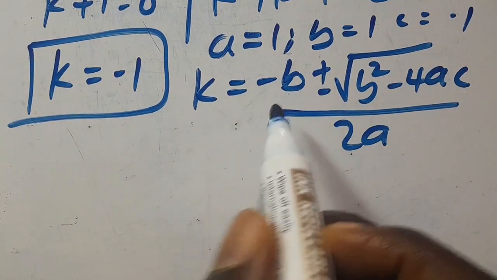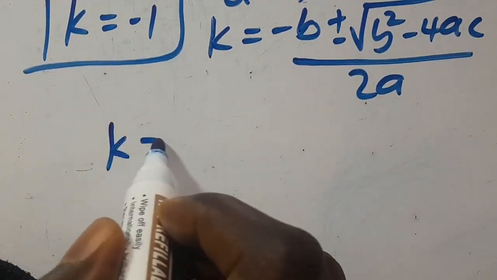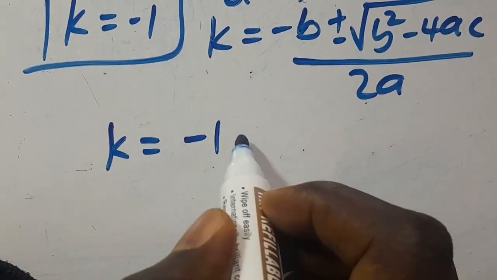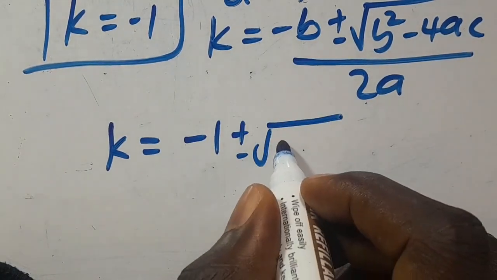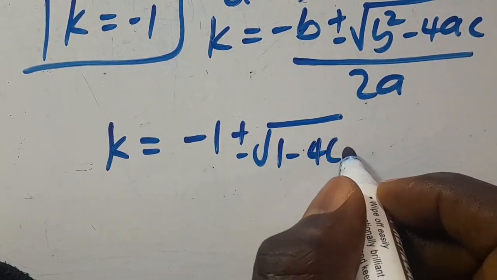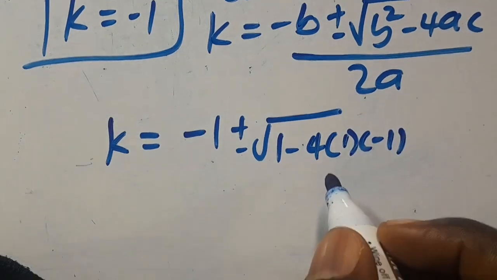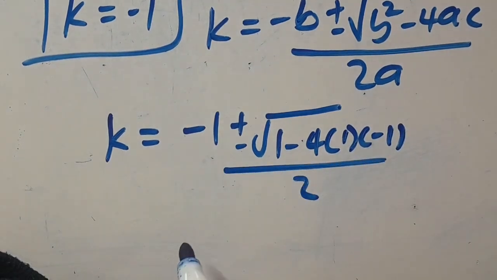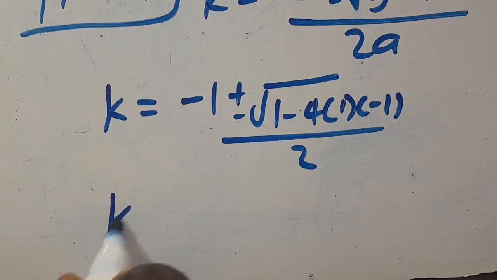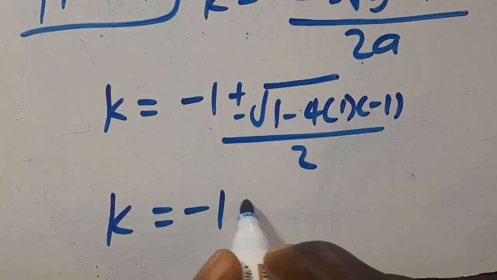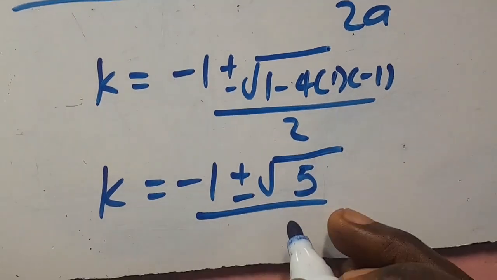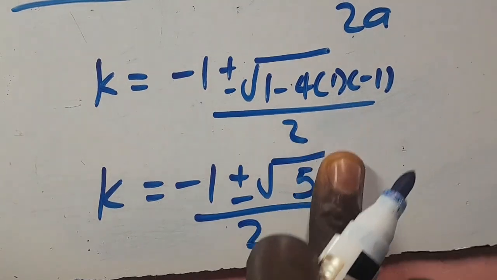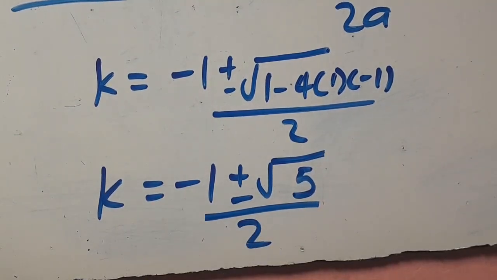So when you plug in everything here, we are going to have our k to be equals minus 1, positive or negative, root of 1 plus 4 multiplied by 1 multiplied by 1, all divided by 2. So we have k to be equals minus 1, positive or negative, root of 5 divided by 2.